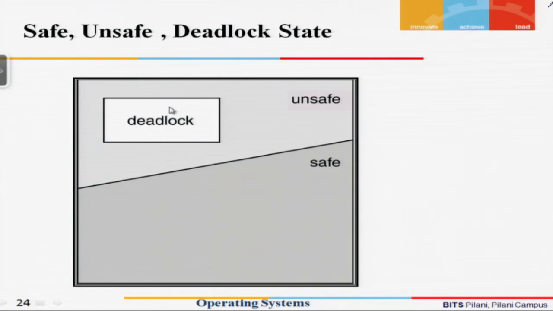So diagrammatically we can say that we define the state of a system as a universal set, and we say that some part of it is safe and another part of it is unsafe, and inside the unsafe state certain sets of states can lead to a deadlock.